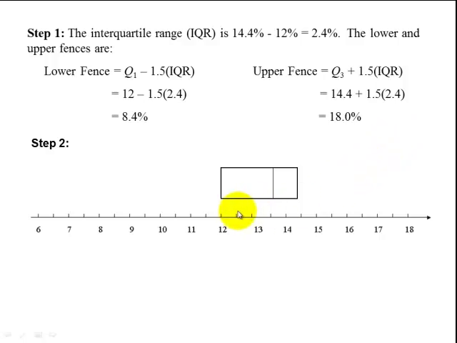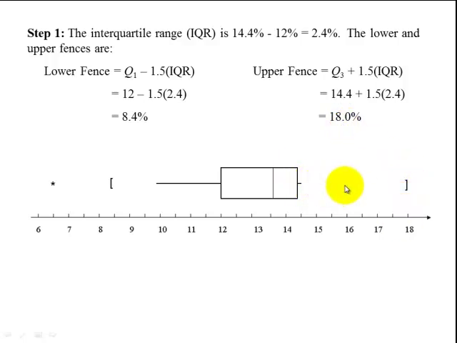So if we put our quartiles in, this is Q1, this is Q3, and this is the median, and we draw our rectangle. Now the width of this rectangle is the IQR. The next step, we draw our fences. Here's our fence here, 8.4%, and this one's 18%.